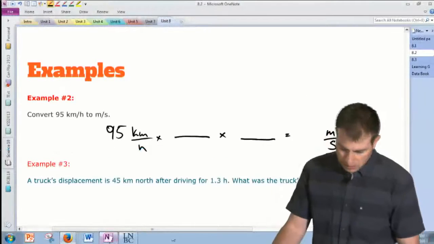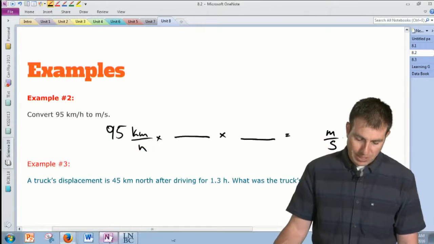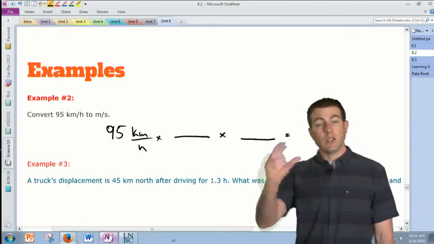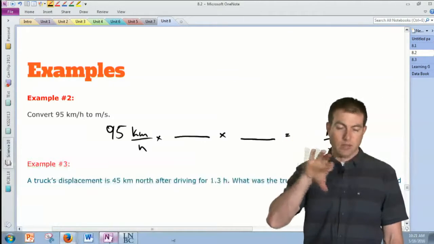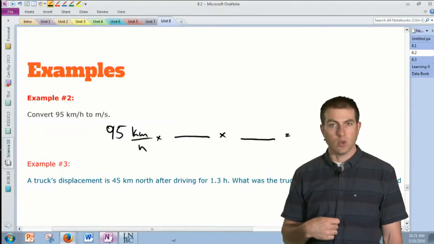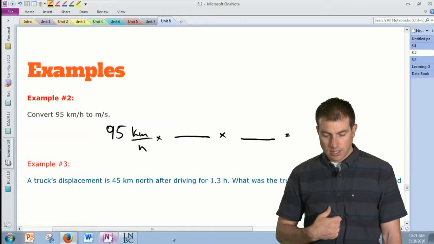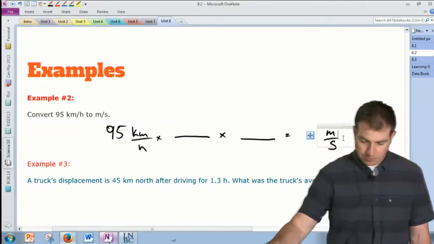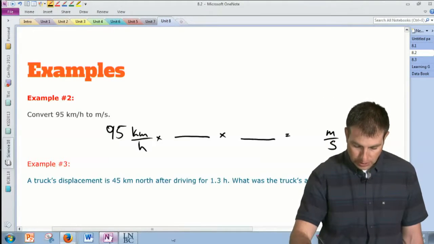So I'll give you a minute to see if you can get your units in there and see how you do it and see what answer you get. So just throw your answer in chat once you're done. 95 kilometers per hour into meters per second.